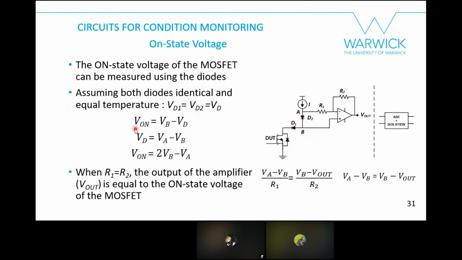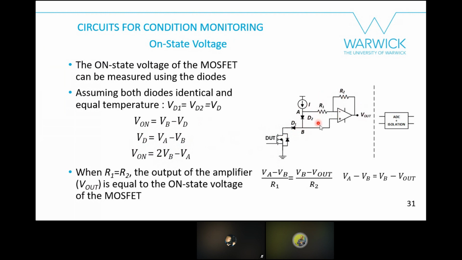I define just 2 points, A and B. And the on-state voltage of the MOSFET is the voltage at B minus the voltage at the drain, VB equals VA minus VD. So V_on equals 2VB minus VA, just substituting this point into this equation.